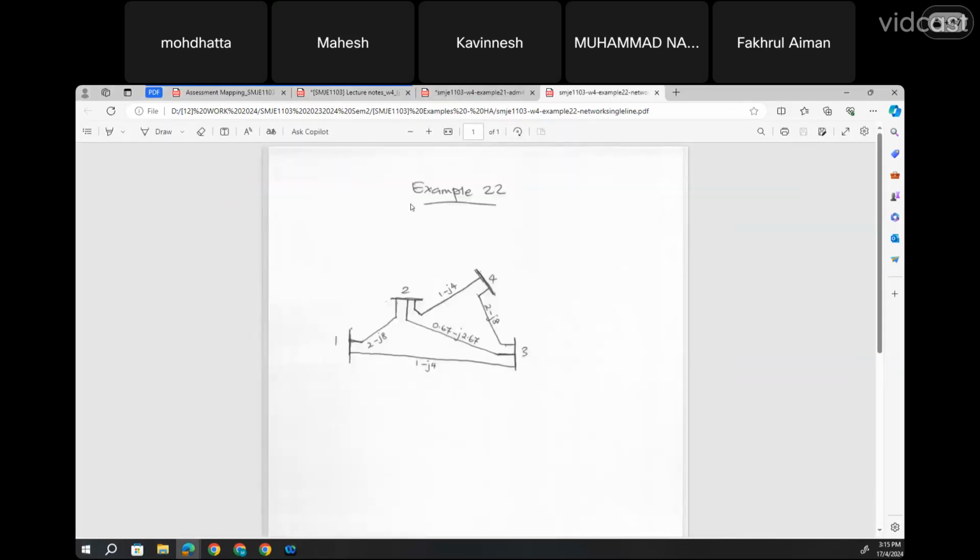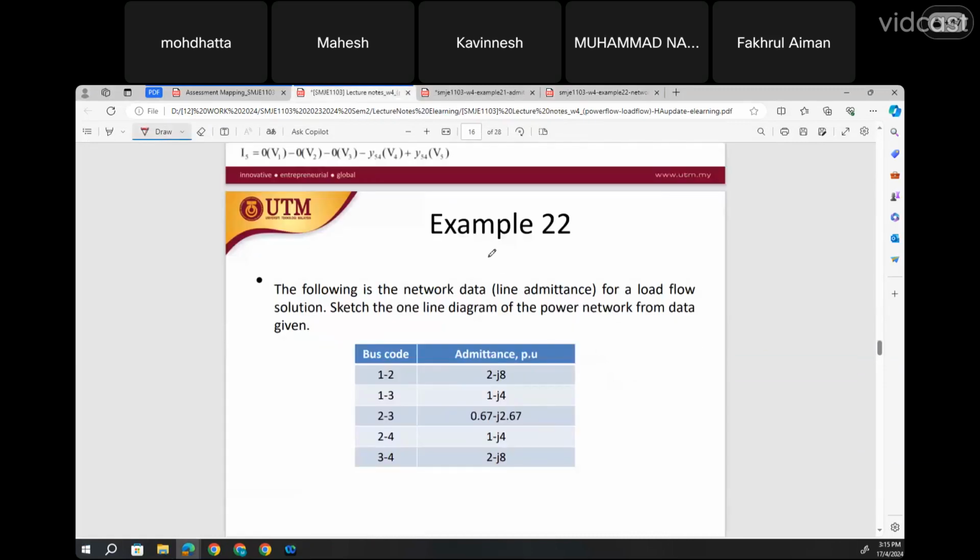In our last example, we need to sketch a one line diagram of a power network from the data given.